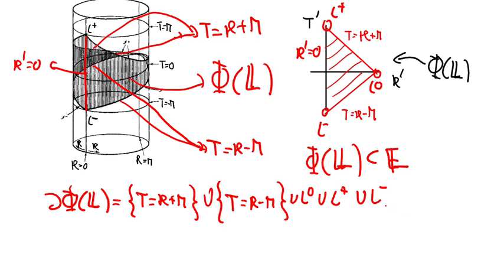And each of these regions has names. I have already given the names of the points, but these sets also have names, which are the so-called future null infinity, past null infinity, and the points.